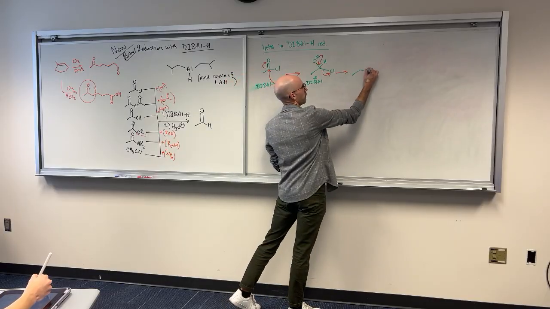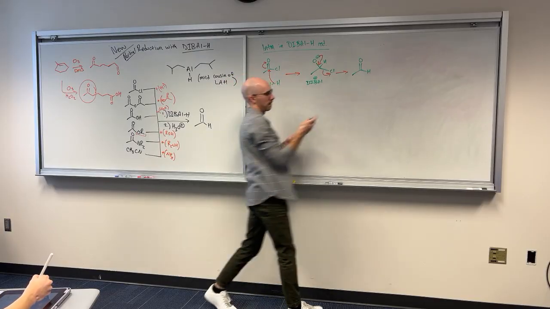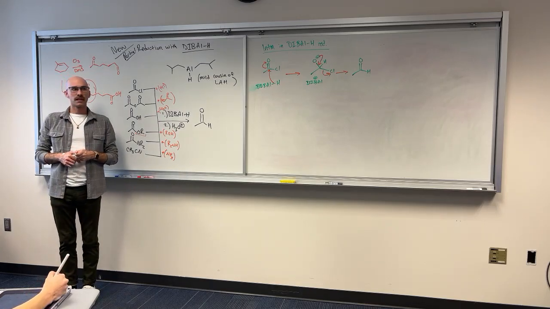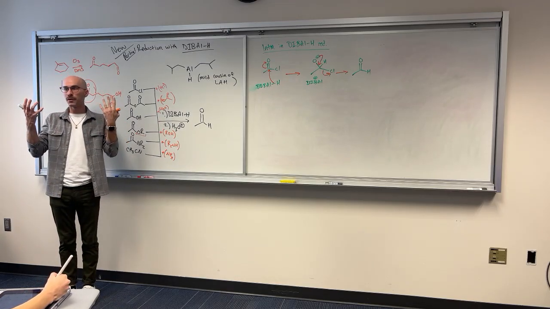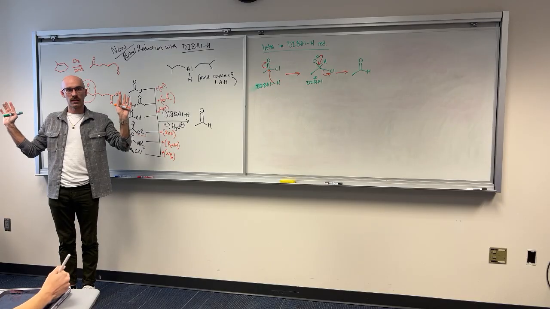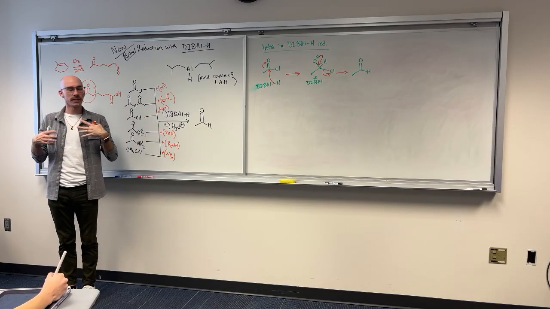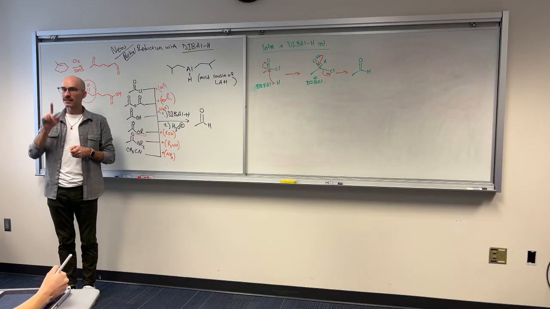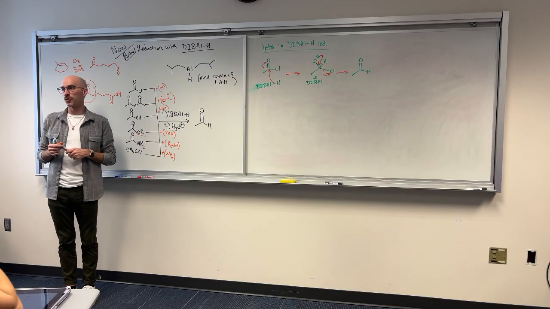And what do you know? An aldehyde. Now you need to work it up and get rid of all that aluminum junk and isolate your organic product. That's what the aqueous workup is for. But it's in that one step where you're done.